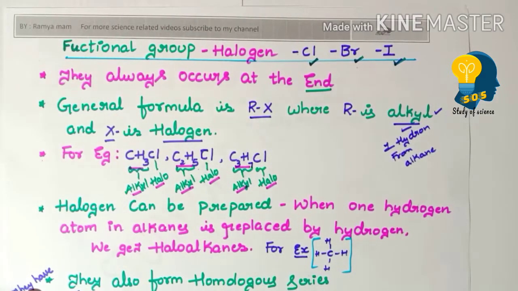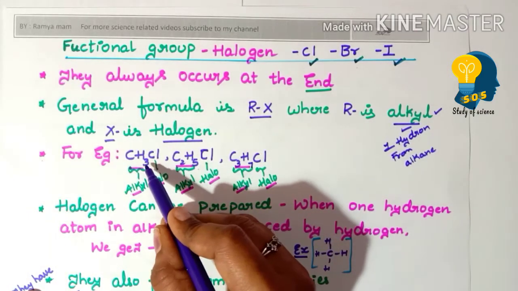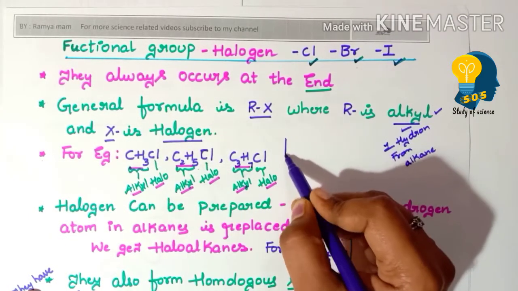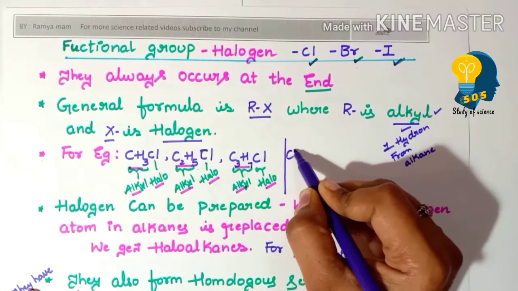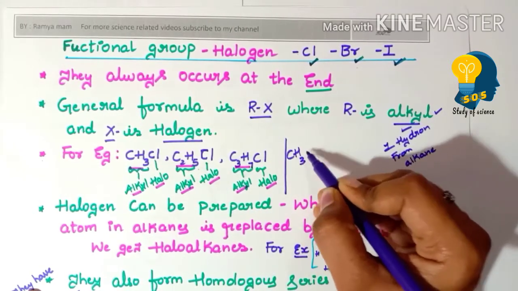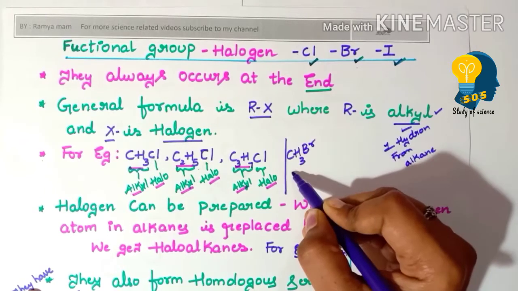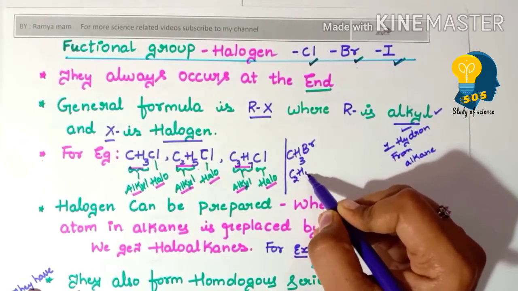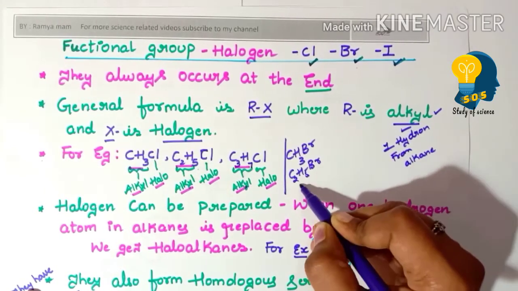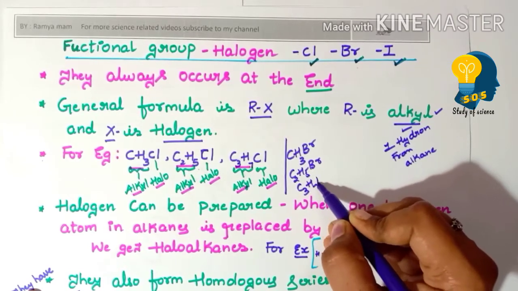Some more examples I will write. As I have attached the chlorine halogen group, we can also write a few more examples. I can attach the bromine group, that is CH3Br, then C2H5Br, then C3H7Br.